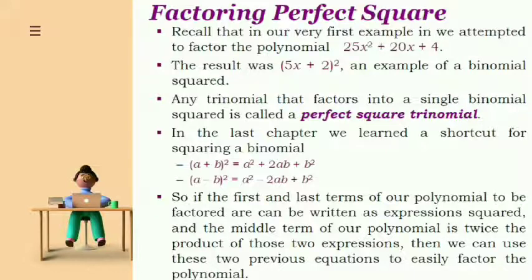In the last chapter, we learned a shortcut for squaring a binomial. So, if the first and last terms of our polynomial to be factored can be written as expressions squared, and the middle term of our polynomial is twice the product of the two expressions, then we can use these two previous equations to easily factor the polynomials.